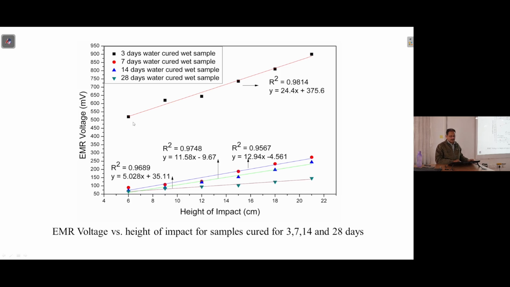But then after 7 days of curing, this suddenly drops. So these three lines are 7, 14, and 28. It continues to decrease beyond 7 also. The decreasing trend is there for the voltage, but here it is very sudden from 3 to 7 days. Okay.